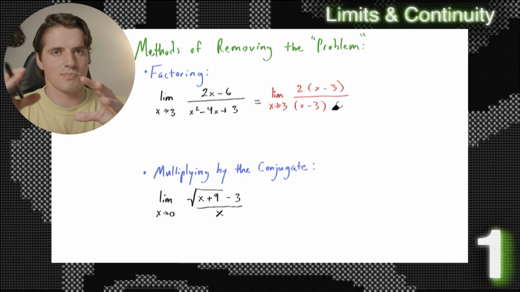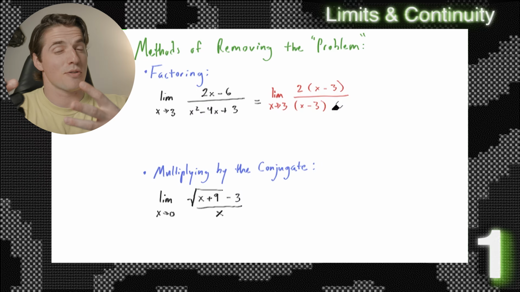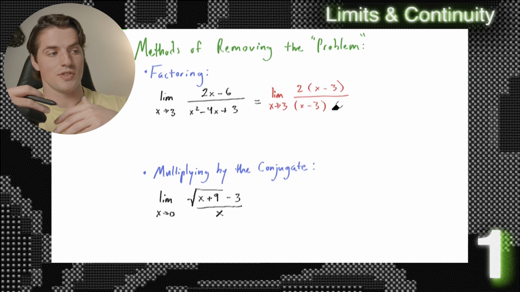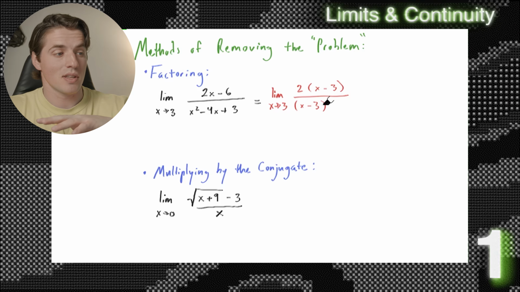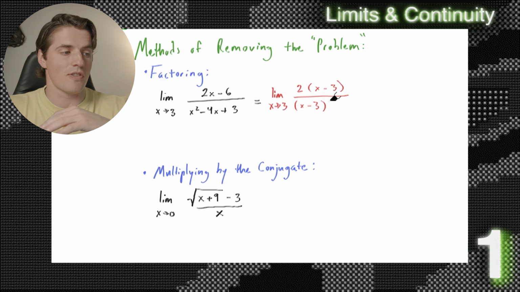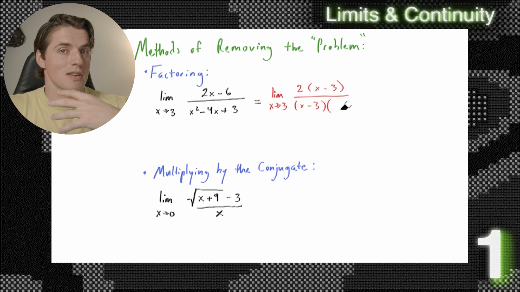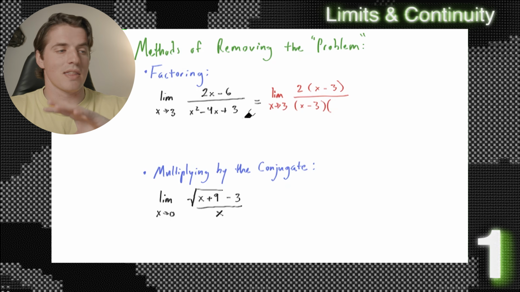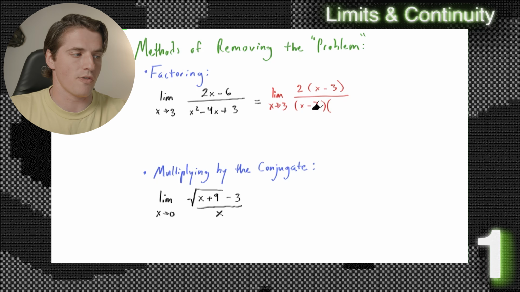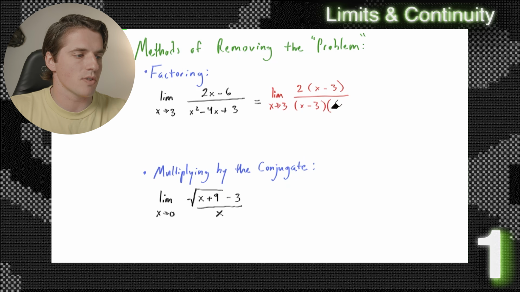And just something to notice, if at 3 we have 0 over 0, if you're not very good at factoring, you kind of know that x minus 3 is going to be a factor. Like it kind of has to be if we had 0 at 3. So that kind of helps us to find the other factor. So we have x minus 3.